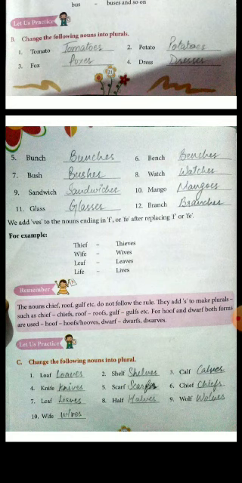The word thief is ending with the last letter F. The word wife is ending with the last two letters FE, and the leaf is ending with the letter F. Life is ending with the letters F and E. So with these words which are ending with F or FE, we replace F or FE and then we add VES to change it from singular to plural.